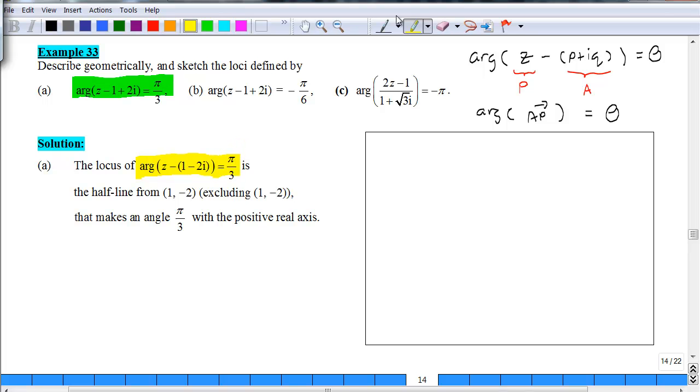So what it means is, in this case, again let me just write it out for you. Z, the complex number, is represented by the point P, and 1 minus 2i is represented by the point A. The first thing we need to do is mark out where the point A is. You have the imaginary axis and the real axis.